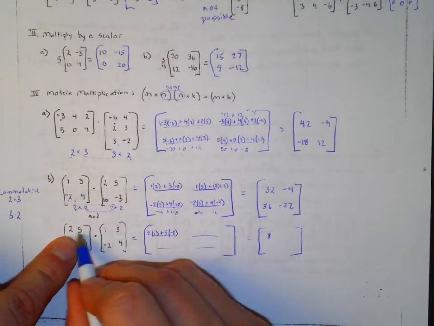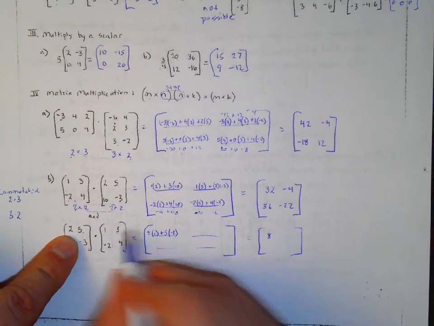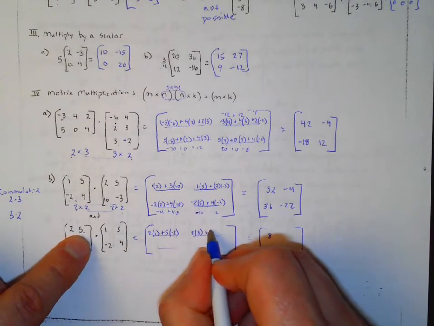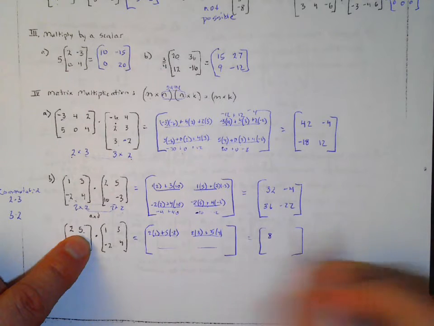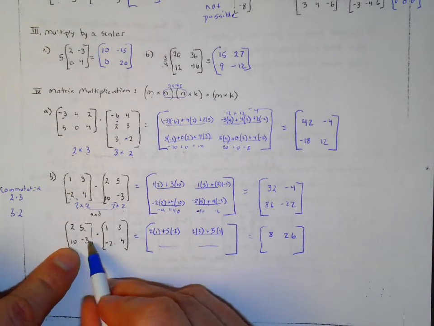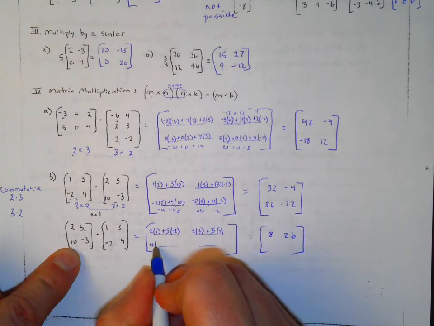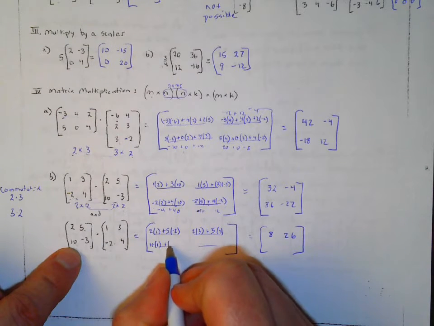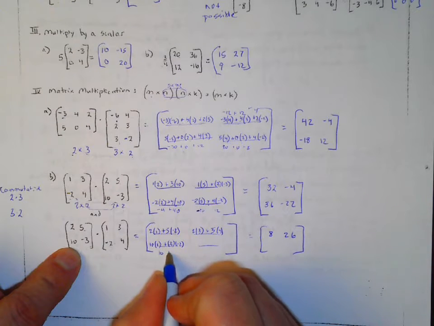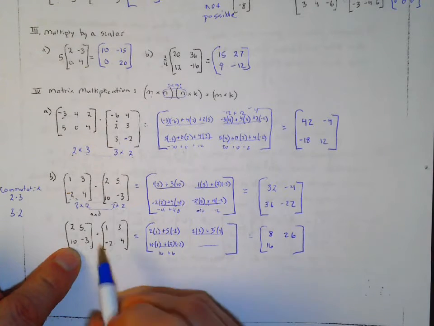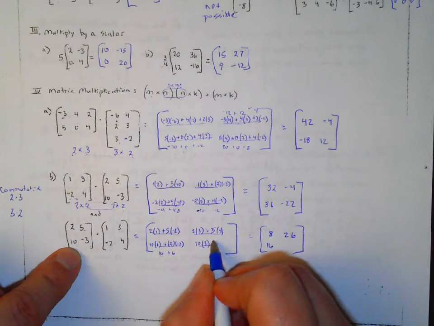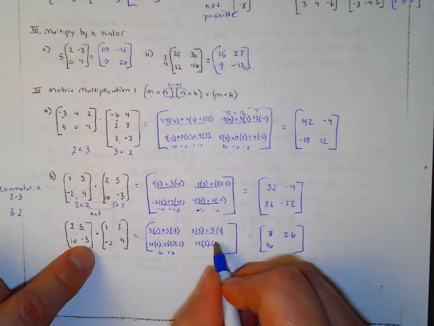Okay, this one here, first row, second column. So 2 times 3 and 5 times 4 be 26. This and this, 10 times 1 plus negative 3 times negative 2, be 10 plus 6 is 16, and then 10 times 3 and negative 3 times 4.